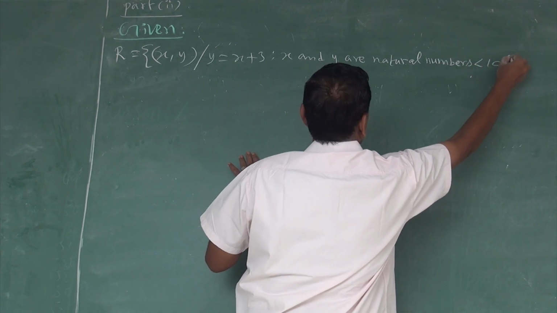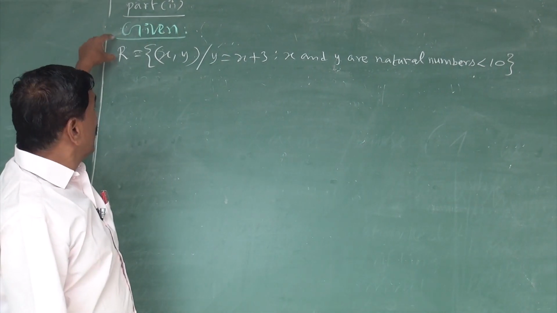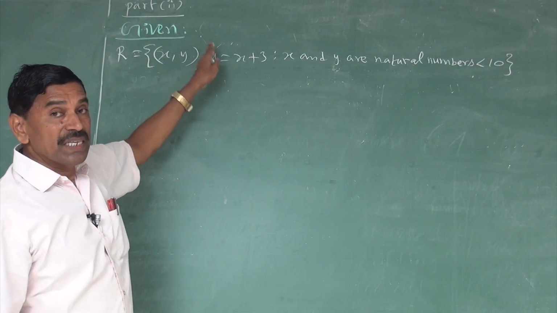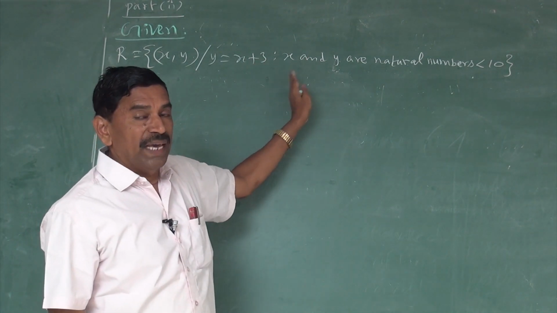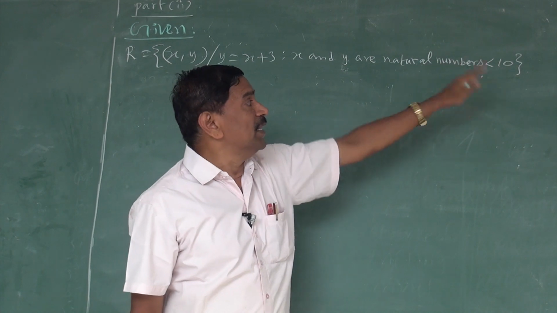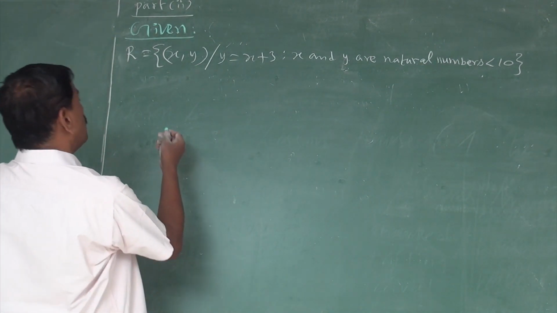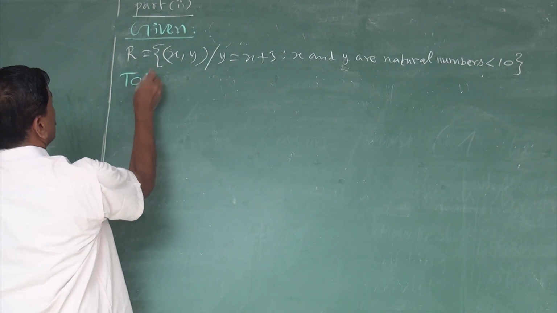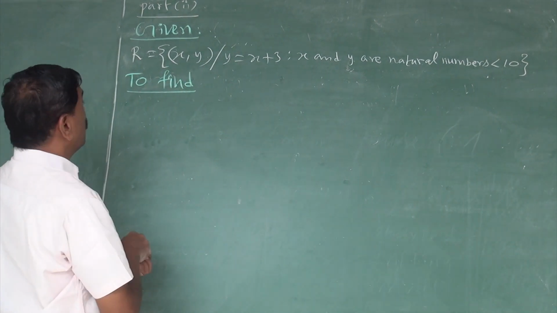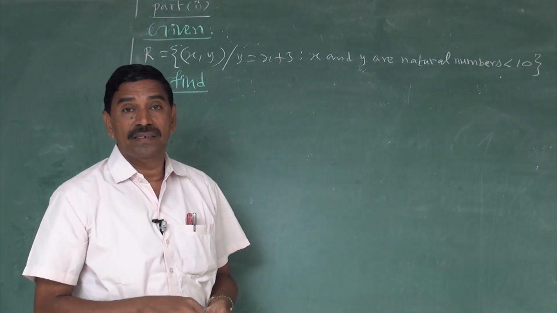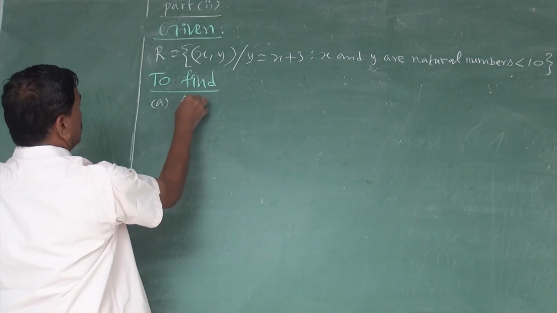Complete the flower bracket. Listen again. Part 2, given the relation R is given by x, y such that y is equal to x plus 3, both x and y are natural numbers less than 10. Okay. Now, given topic completed. Now, to find. What we have to find? Yes. Subdivision A, an arrow diagram.